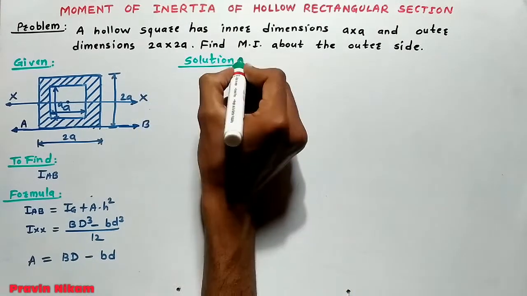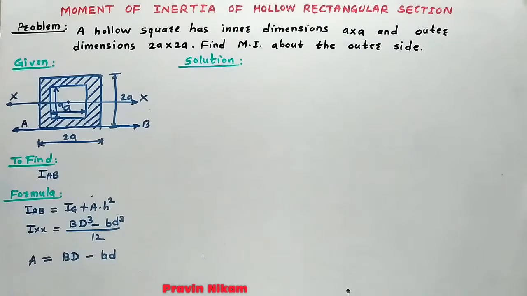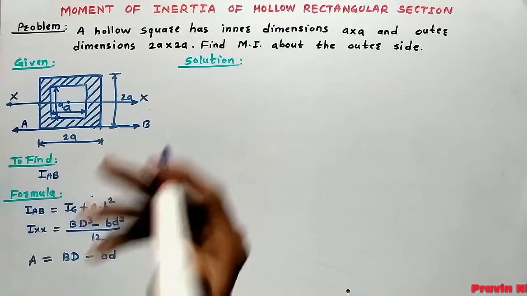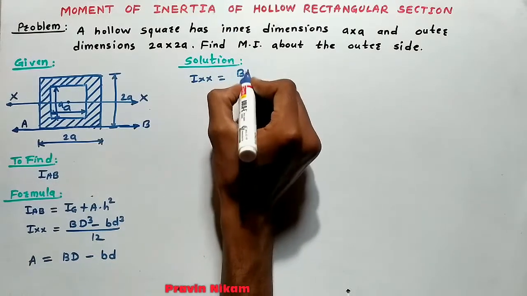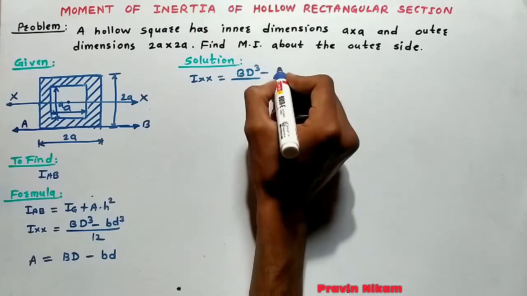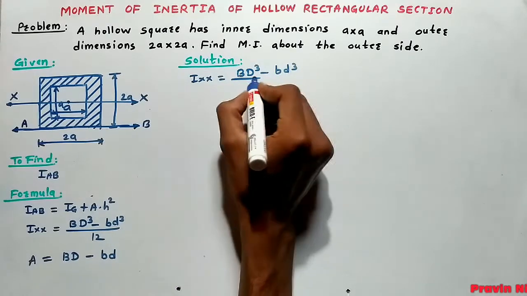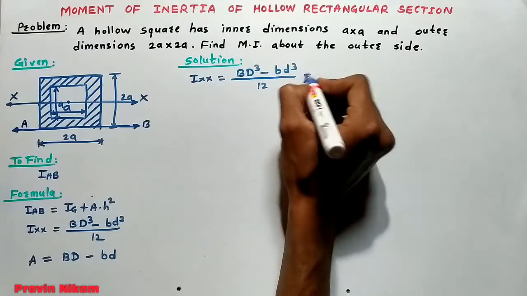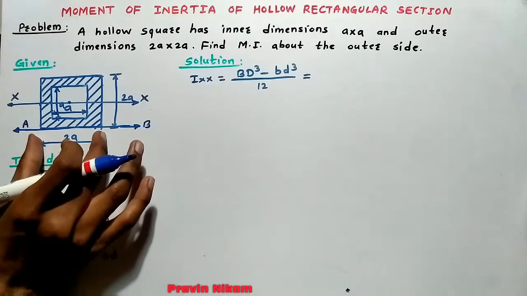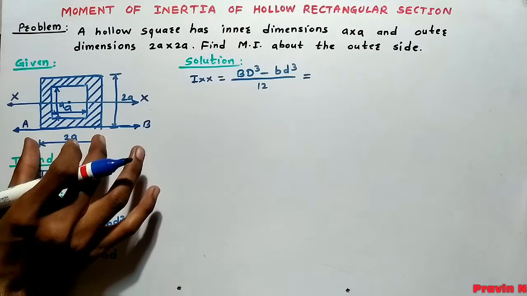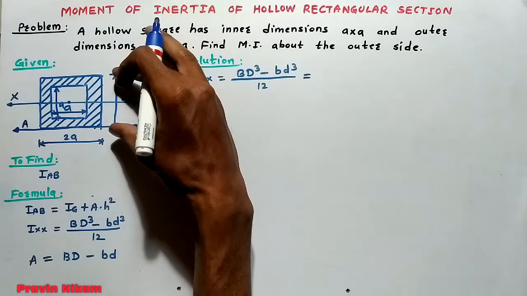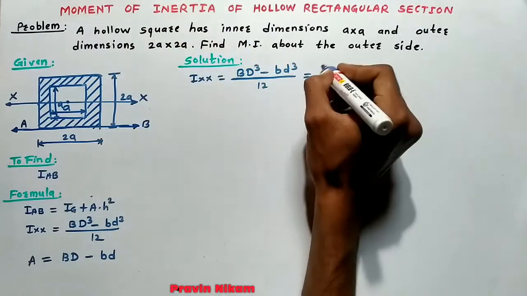Solution. First find Ixx of the hollow square section. Ixx is equal to BD cube minus bd cube divided by 12. Capital B is 2a, outer dimensions, and capital D is 2a.